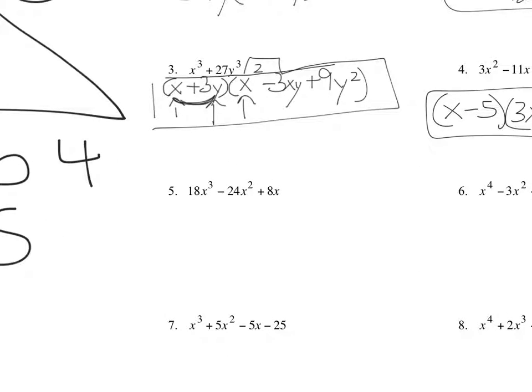All right, let's start again. The next one, number 5. Let's go ahead and factor out the GCF. And the GCF of this one is what? It's not 8. Does 3 go into 18? No, 3 doesn't go into 8. 2. Okay, and x. Yes, good call. So 2x is our GCF.